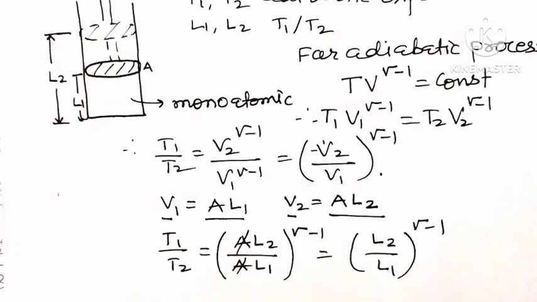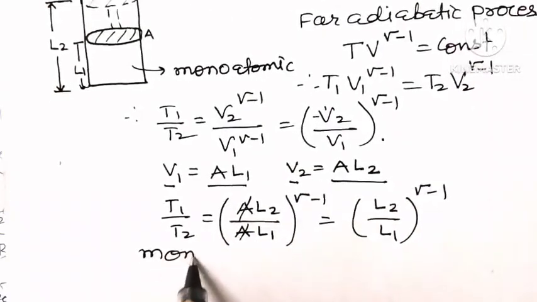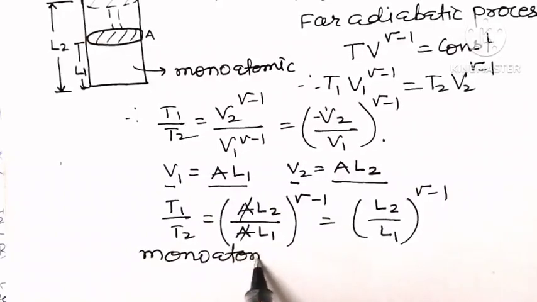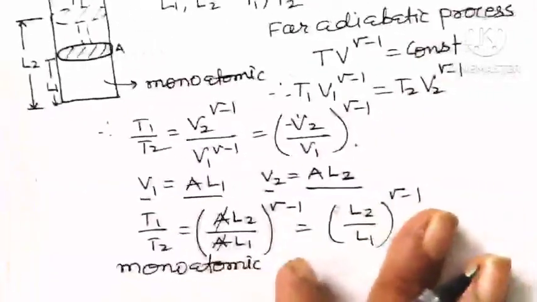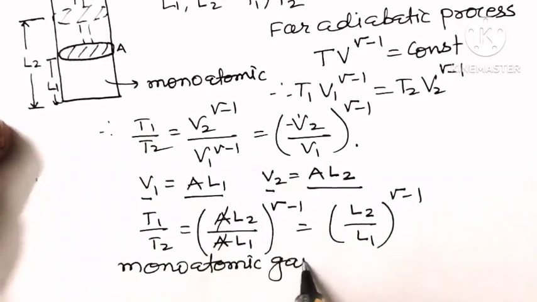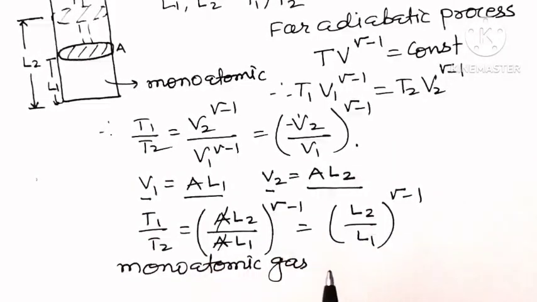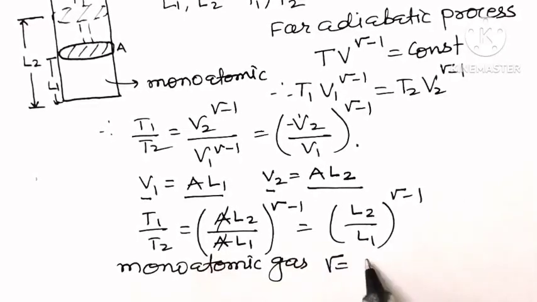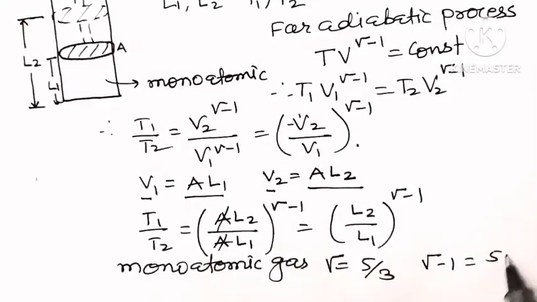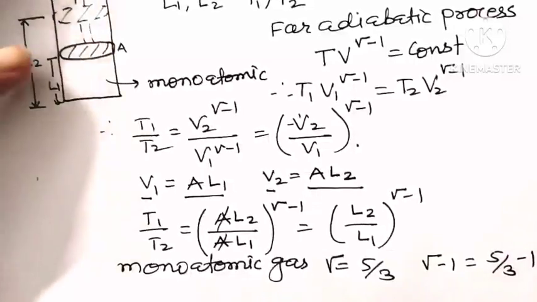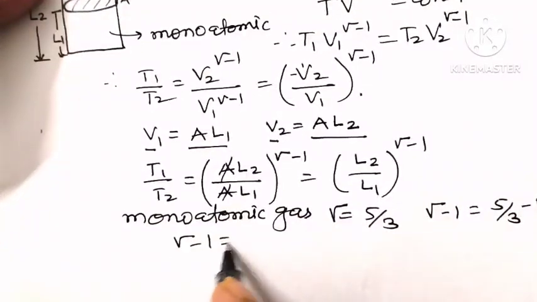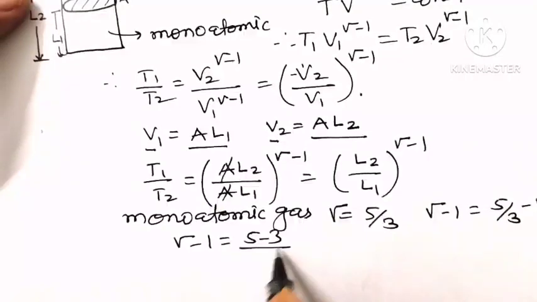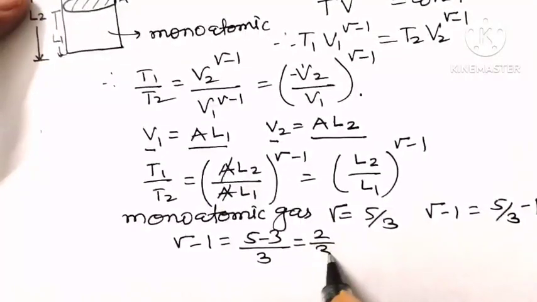Now inside the cylinder we have a monoatomic gas, and for a monoatomic gas, what is the value of gamma? For a monoatomic gas, gamma, the ratio of Cp to Cv, is equal to 5 by 3. Therefore, gamma minus 1 is equal to 5 by 3 minus 1, which is 5 minus 3 by 3, that is equal to 2 by 3.